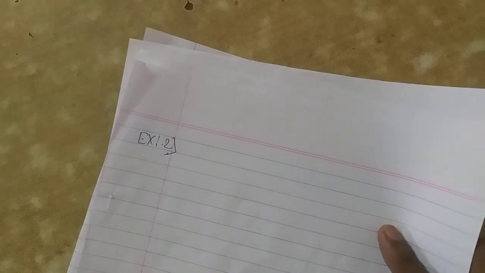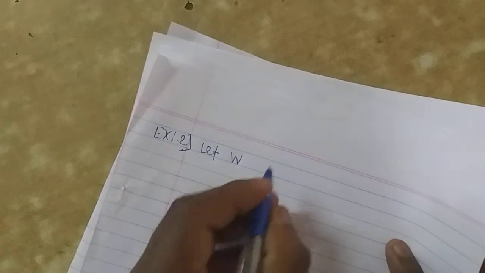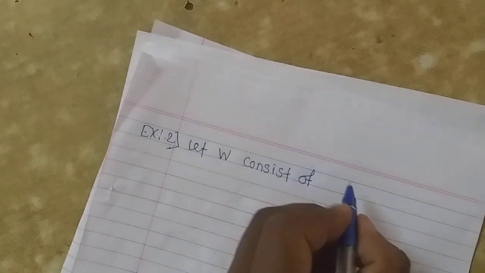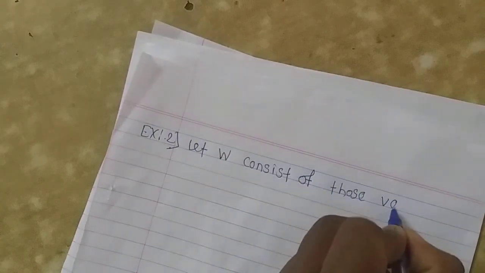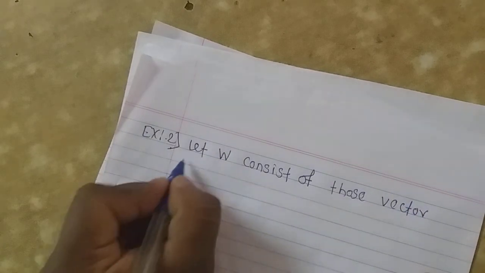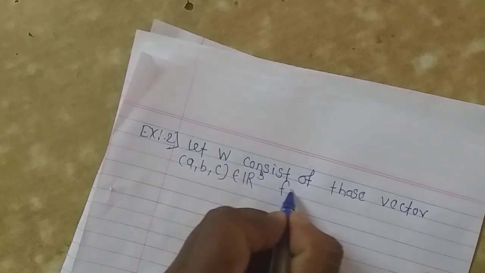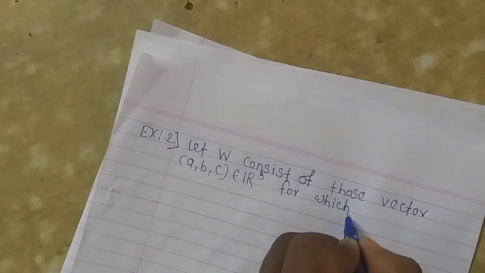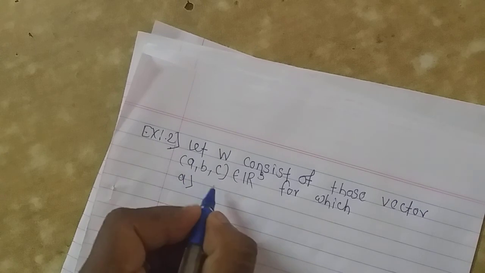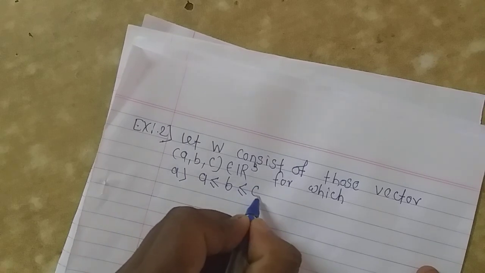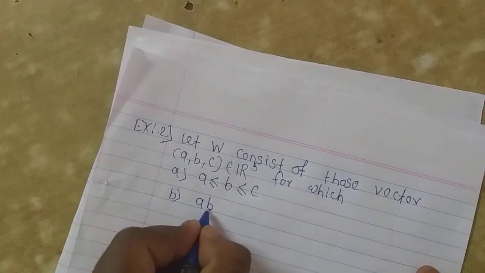The example is: let W consist of those vectors (A, B, C) belonging to R for which A is less than or equal to B is less than or equal to C, and AB is equal to 0.